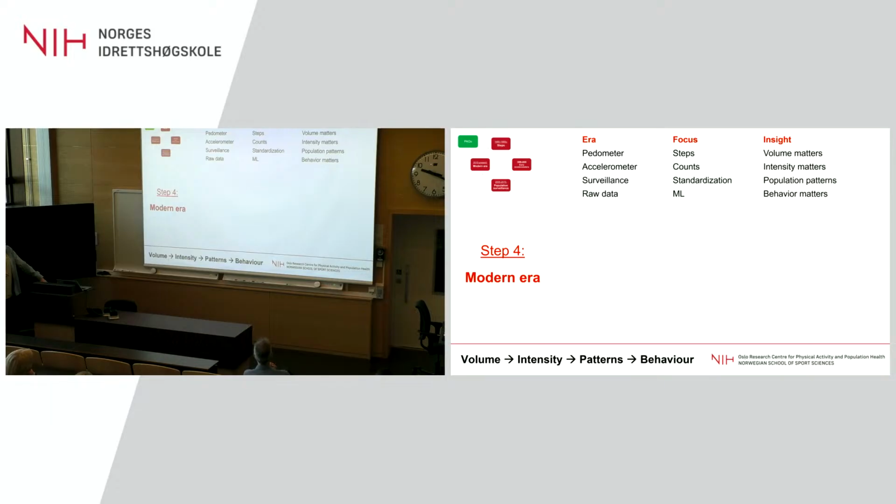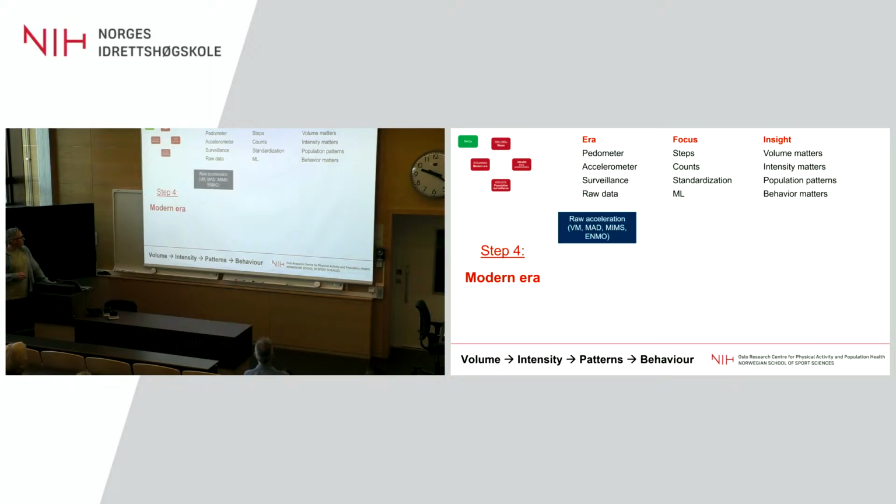We've passed this, and we're now in an area with a lot more emphasis on raw data, new analytical approaches, and we've gone from simple estimates of volume to more advanced classifications of behavior.